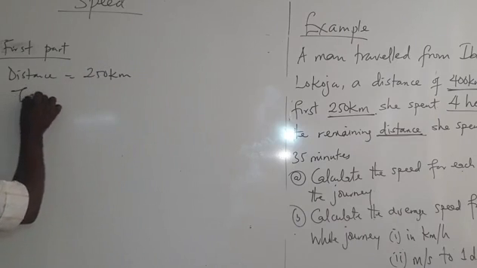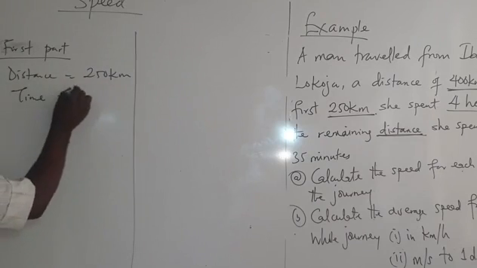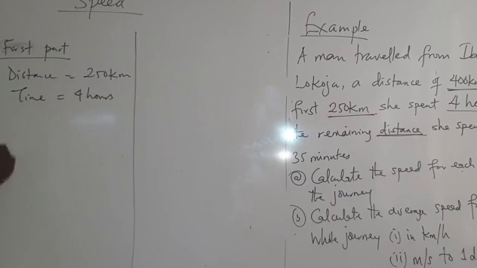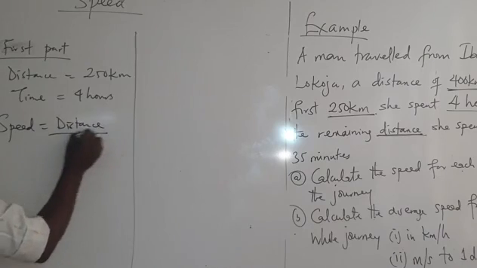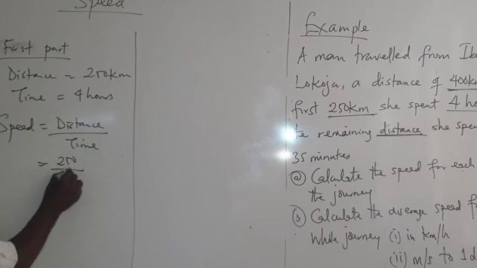And the time is what? 4 hours. Then the speed here, which is distance divided by what? Time. That means the distance, which is 250 kilometers, divided by 4.